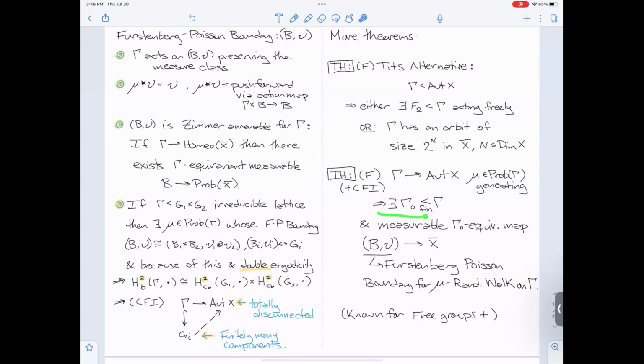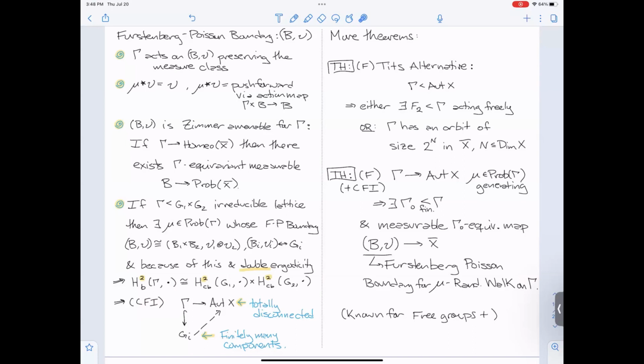Then there's a finite index subgroup and a gamma-0-equivariant measurable map from the Furstenberg-Poisson boundary to the Roller compactification. The existence of this finite index subgroup is directly related to this theorem because, for example, if I have an orbit of size 2, then I may have to crush my Poisson boundary all to a point, and then I may have to place it on one point versus the other. So I have to pass to that finite index subgroup because I don't know if I should put it on the left or the right, if you will.